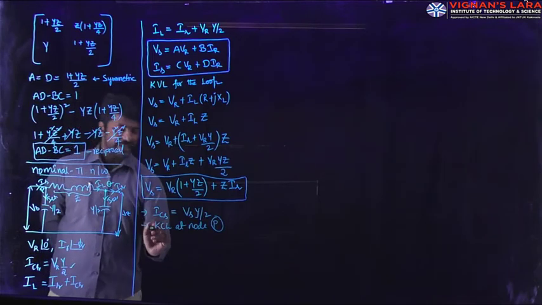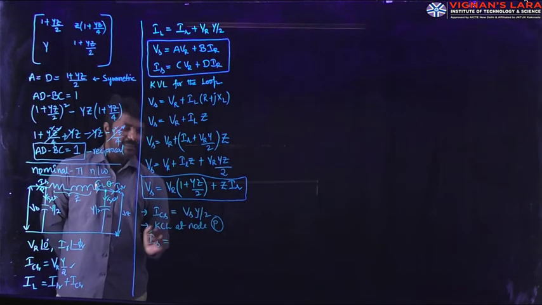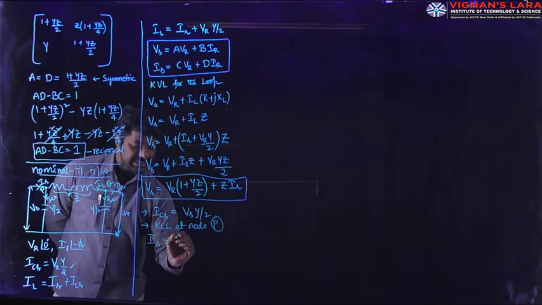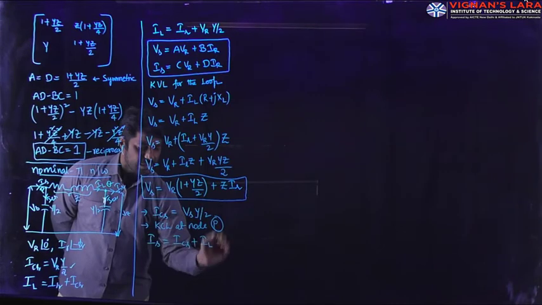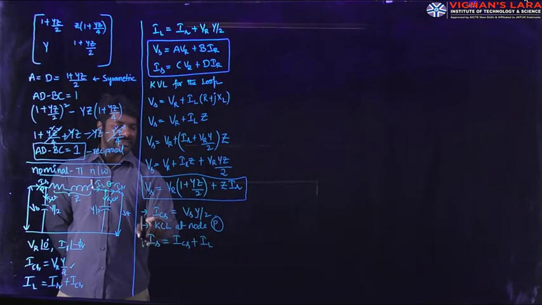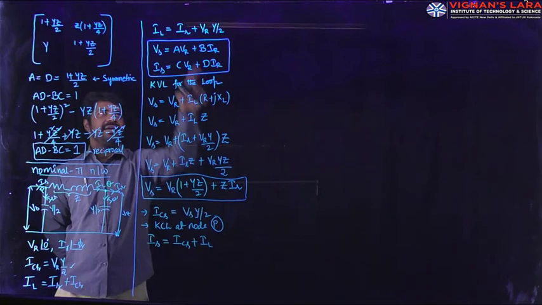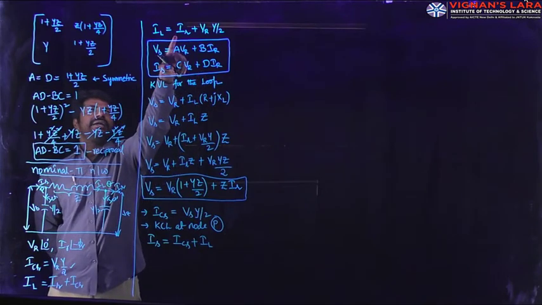What is KCL at node P? The sum of incoming currents, that is Is, must be equal to the sum of leaving currents. The leaving currents are ICS and the impedance current called IL. These two values are there in our analysis. ICS is equal to Vs Y by 2 and IL is equal to, yes, here we have written IR plus VR into Y by 2.